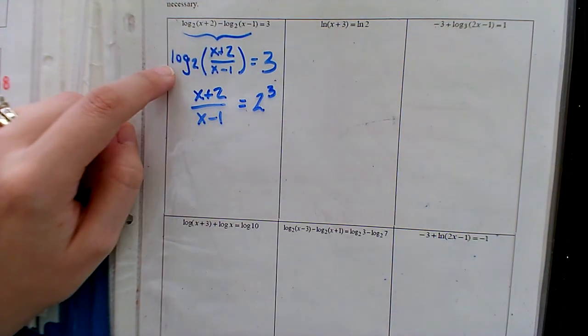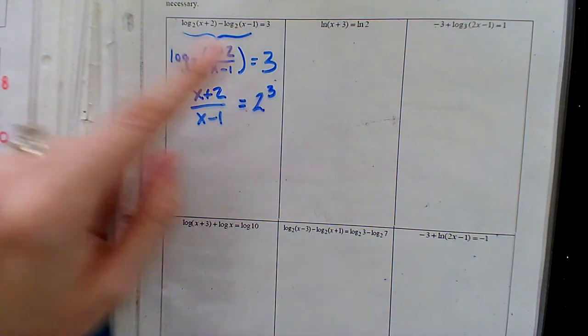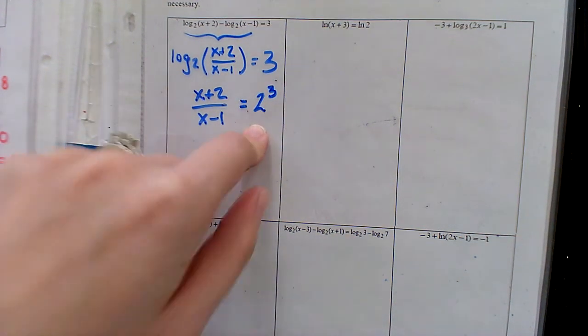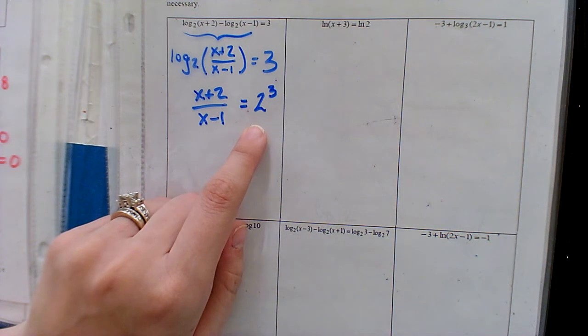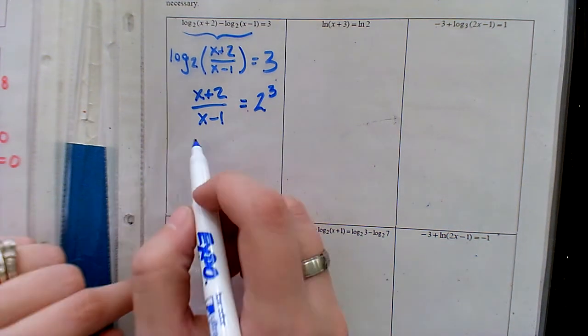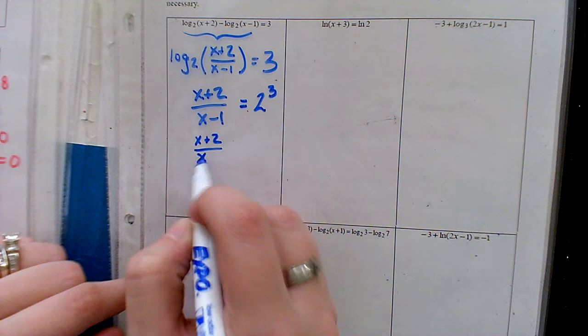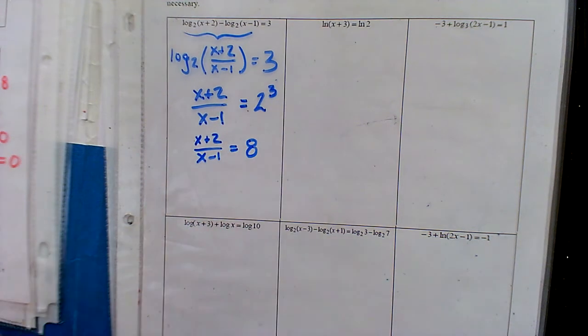When you move a log with a base of 2 to the other side of an equation, it becomes an exponential with a base of 2. Okay, the inverse operation. So I think we can go from here. We'll have x plus 2 over x minus 1 equals 8.